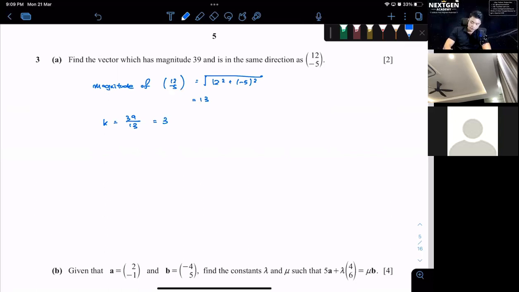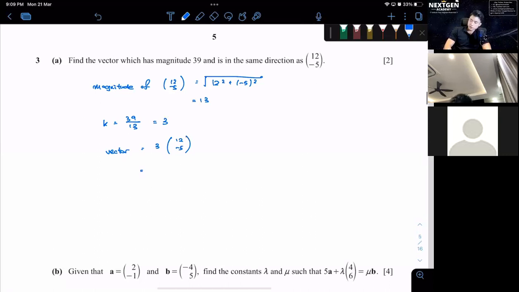Therefore, the vector will be k times (12, -5), which is (36, -15).